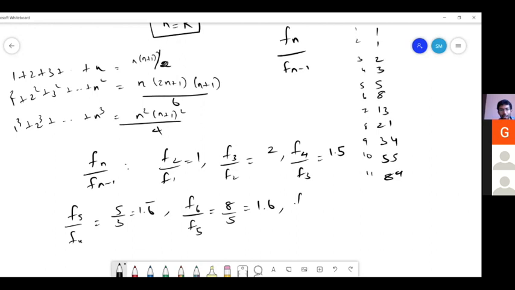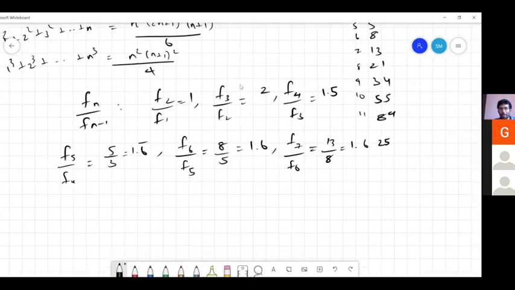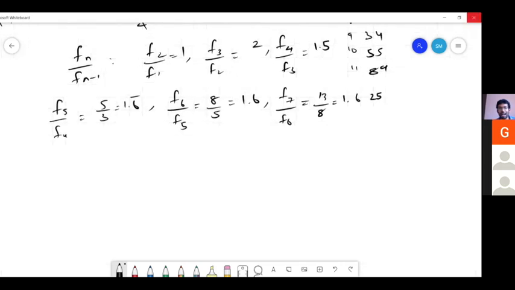Then F7 by F6 is 13 by 8, which is 1.625. Right. So we can keep calculating like this. But in the initial cases, there seems to be a lot of fluctuation: 1, 2, 1.5, 1.666, 1.6, 1.625. But we can analyze the difference.